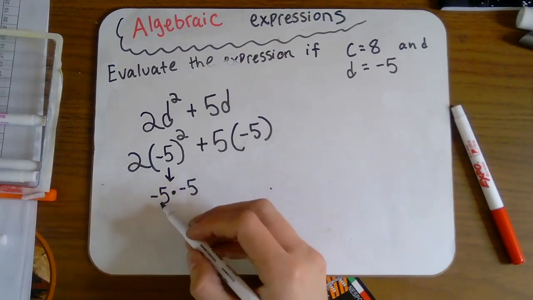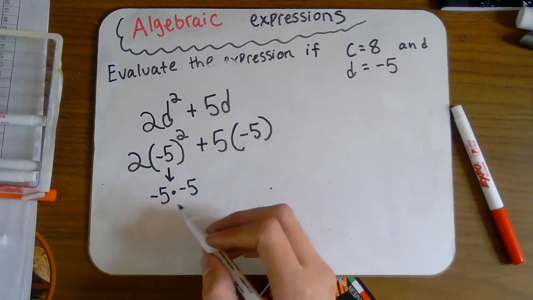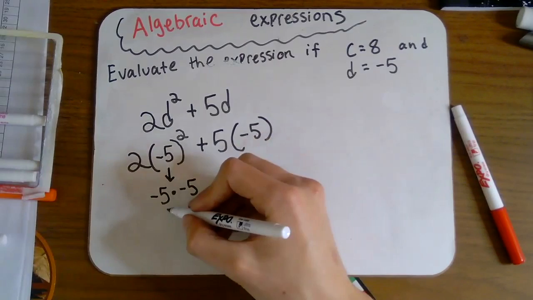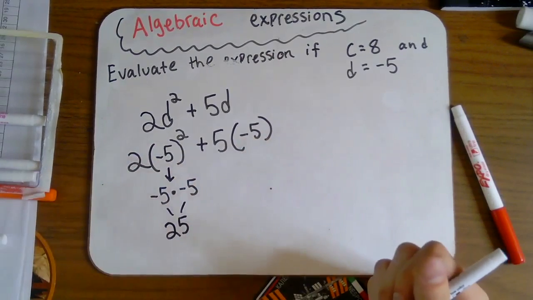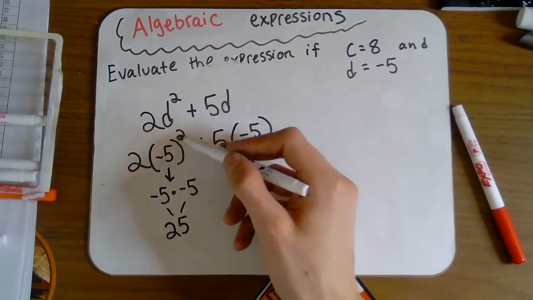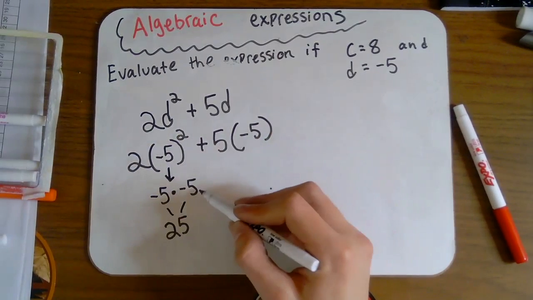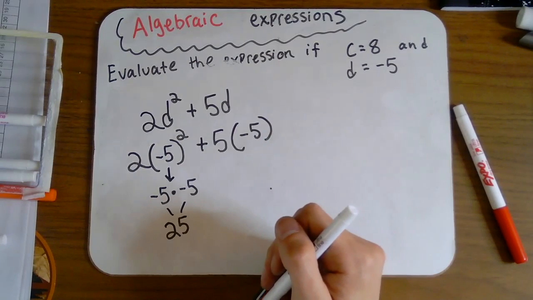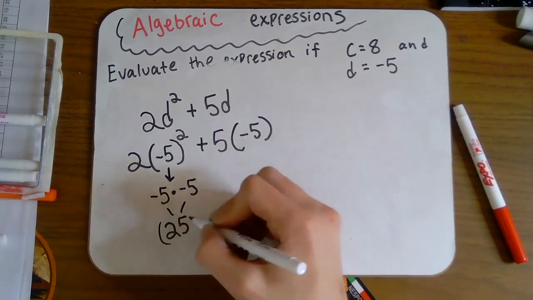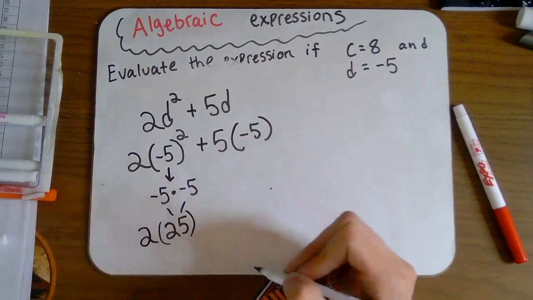But in this case, because we have both factors as negative, when we multiply these two negatives together, they will be a positive. So this amount, negative 5 squared, the same thing as negative 5 times itself, is going to be a positive 25. And now we're ready to multiply that by 2.